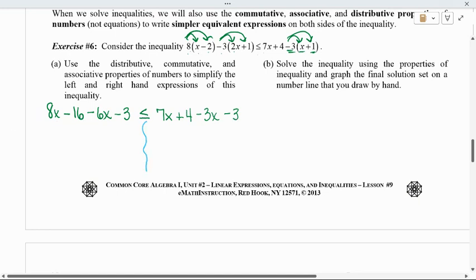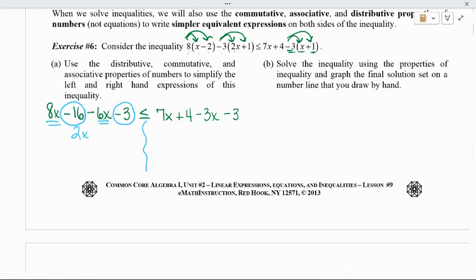So let's see. I'm going to just draw a squiggle here. I can combine my x's. What is 8x minus 6x? 2x. Good job, Owen. And what is negative 16 and negative 3? The signs are the same, so I add them together. Negative 19. Good job.